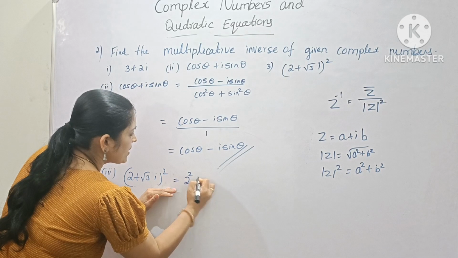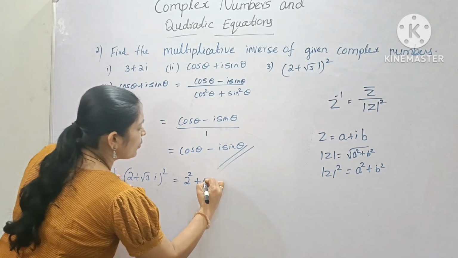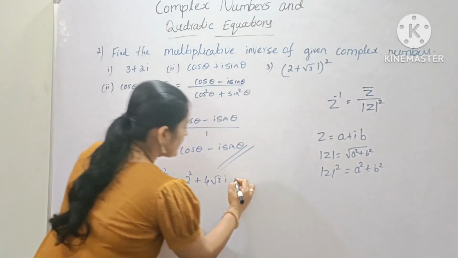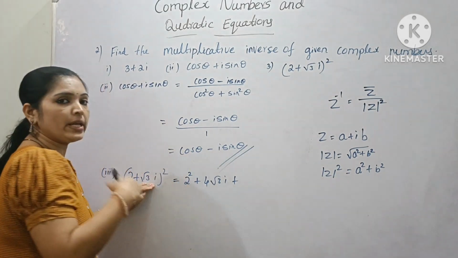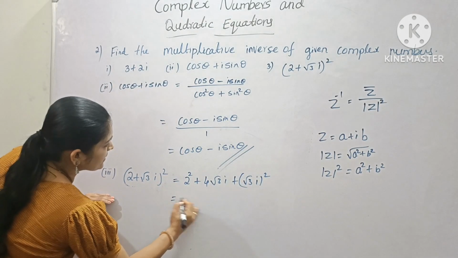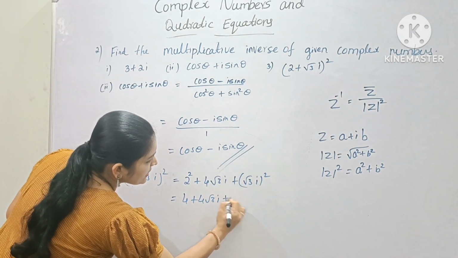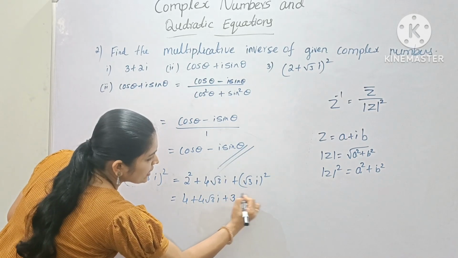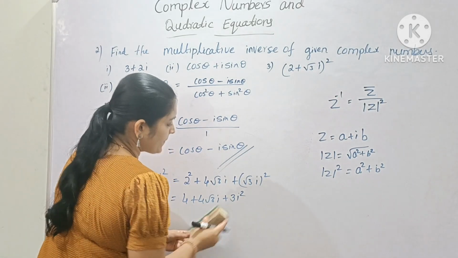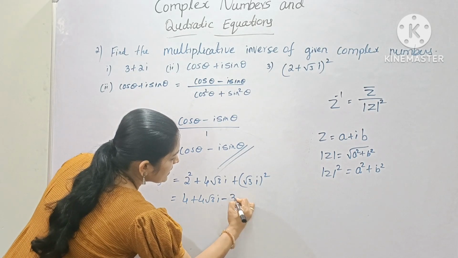So 2 square plus 2 into 2 into root 3i, that is 4 root 3i, plus b square, that is root 3i square. That is equal to 4 plus 4 root 3i plus root 3 square is 3, i square is minus 1. So this plus will become minus 3.